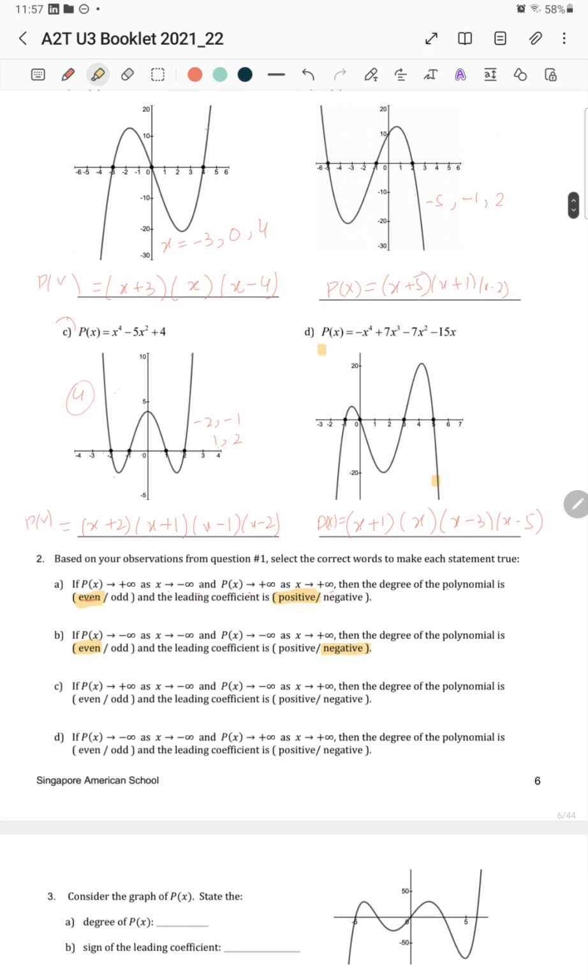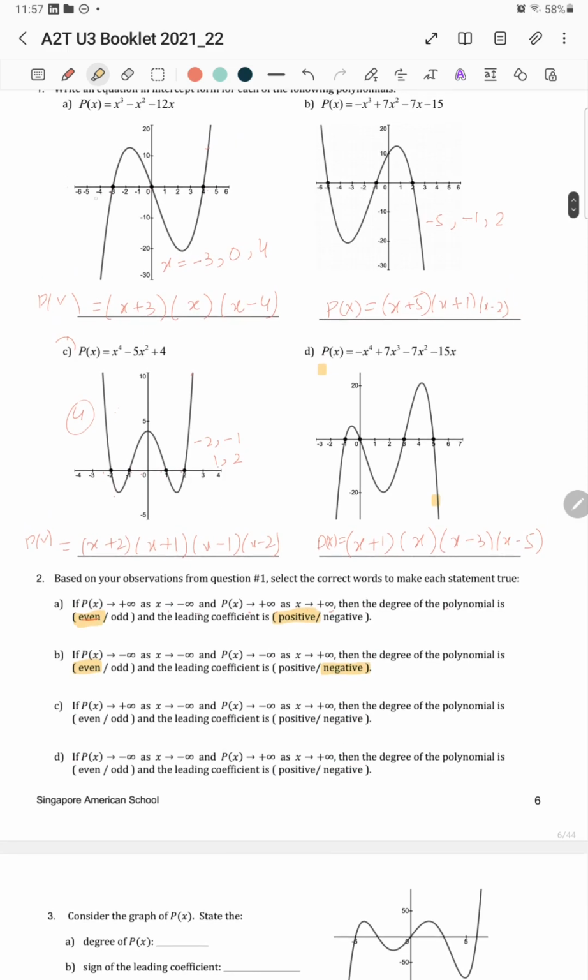Now p of x is positive infinity and x is negative infinity. This one, p of x is negative infinity and x is positive. Option B. The degree of the polynomial here is 3, that is odd, and the leading coefficient is negative.